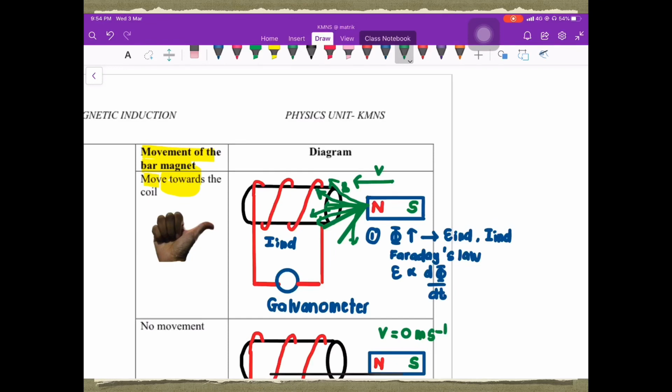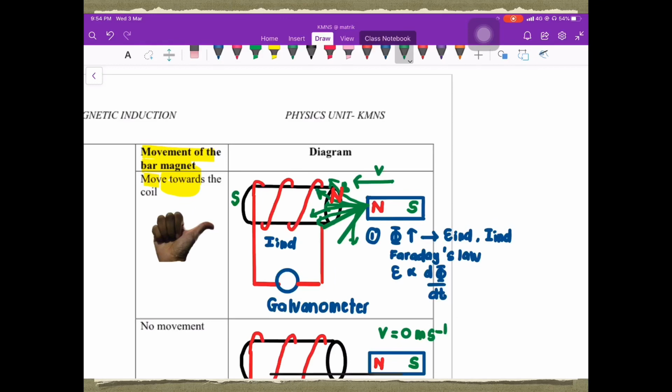So from Lenz's law, we need to oppose the increase of magnetic flux here. So to show the opposition, this side must automatically become a south pole.